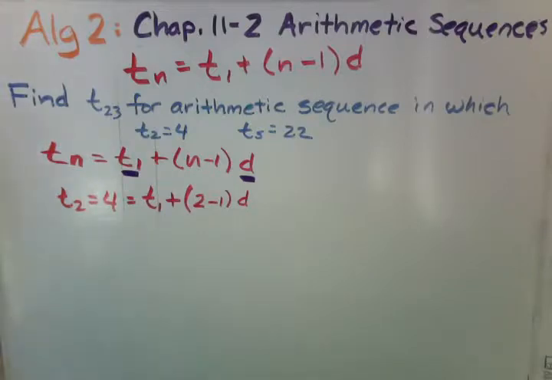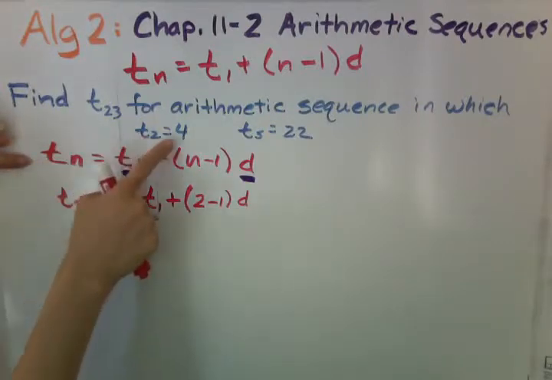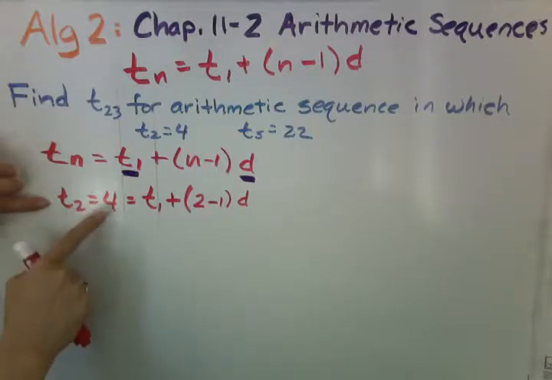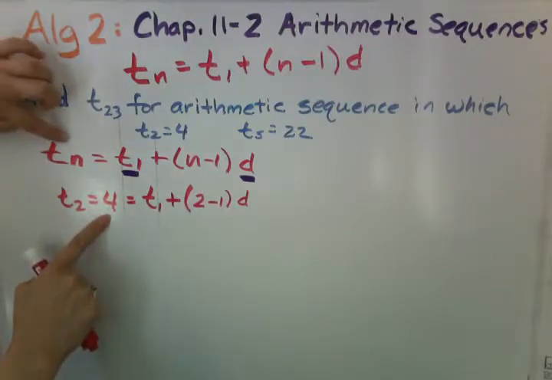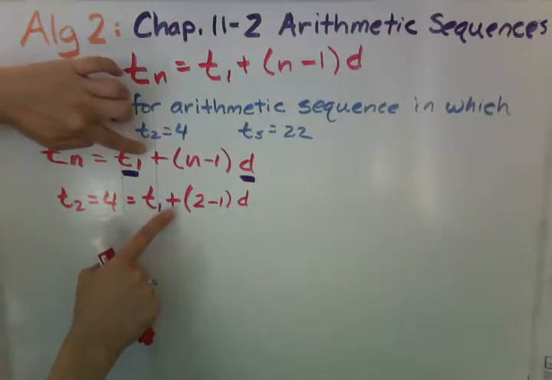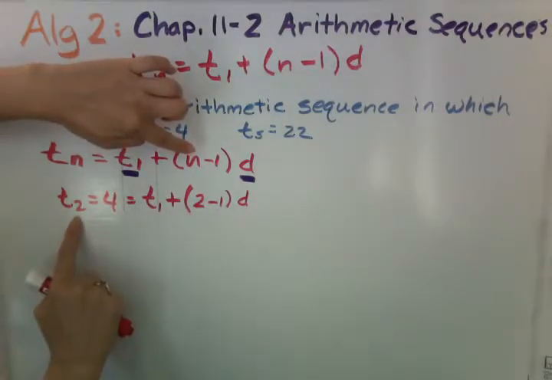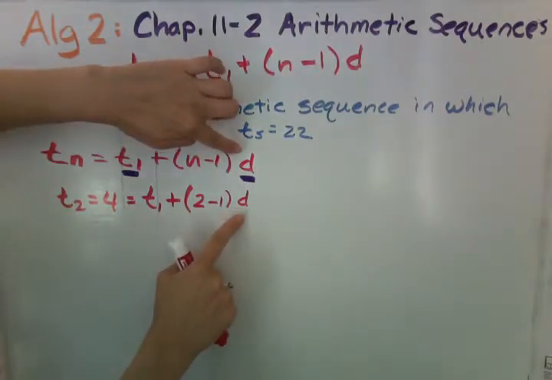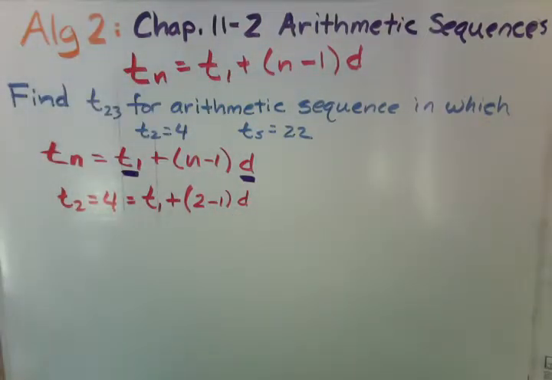That's all we're given. So let's look at the substitution because it's a little lengthy. We can only use this information so that we know the second term, which is equal to 4, equals T1, which we still don't know, plus n, and we know because we're using the second term, minus 1, and then we leave d as itself.